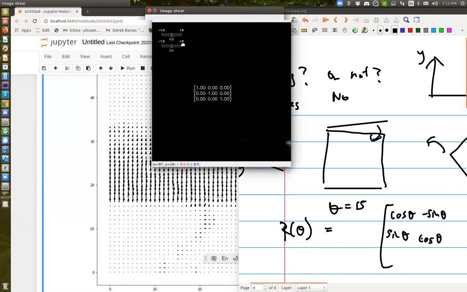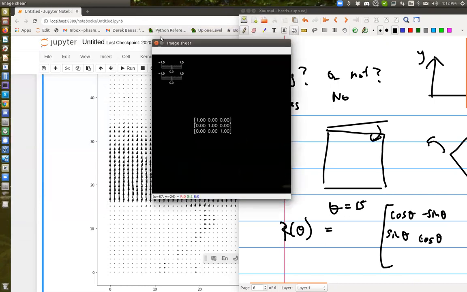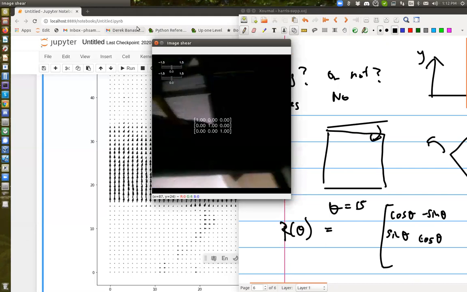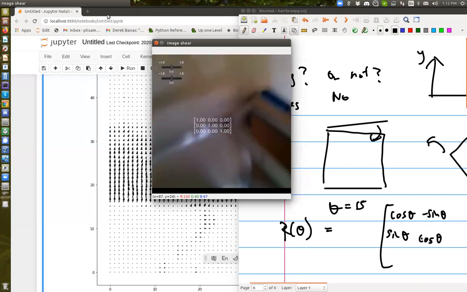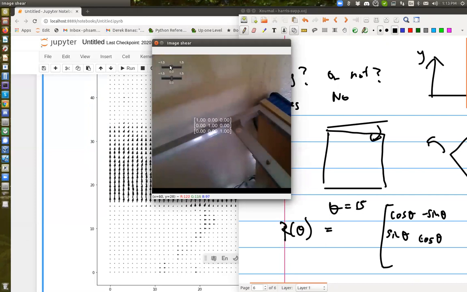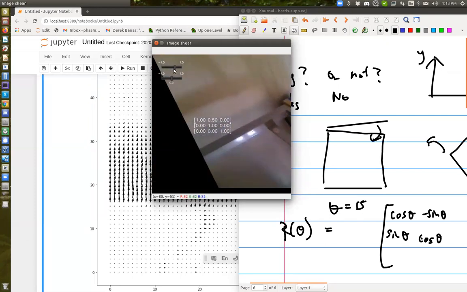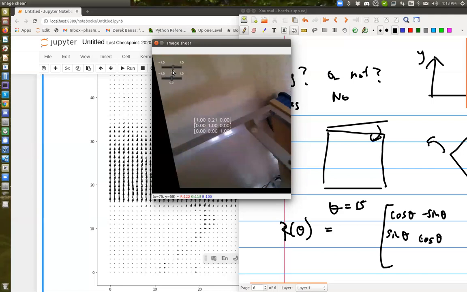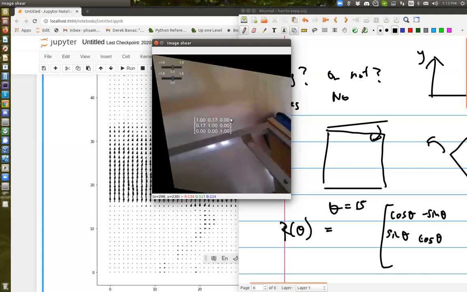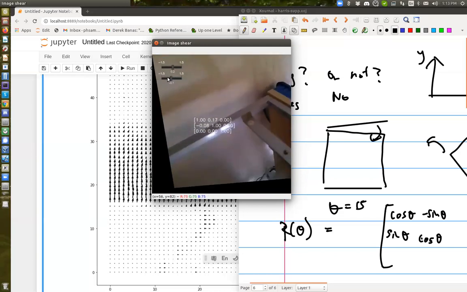Wow, this is so dark. Which camera is it using? Oh yeah, I have this. Okay, I think it's this camera. I don't know what you're seeing, but if I do shearing, it's like that, right? You see, I'm changing these two parameters here to get the shearing effect.